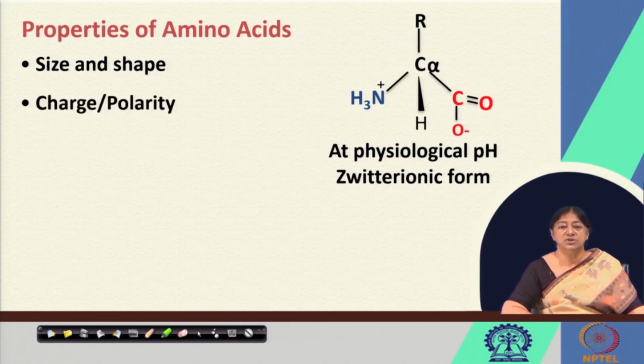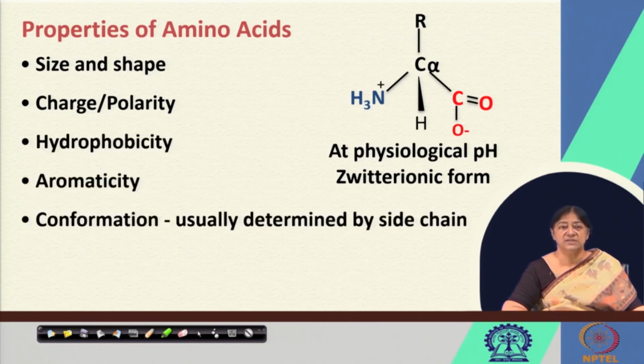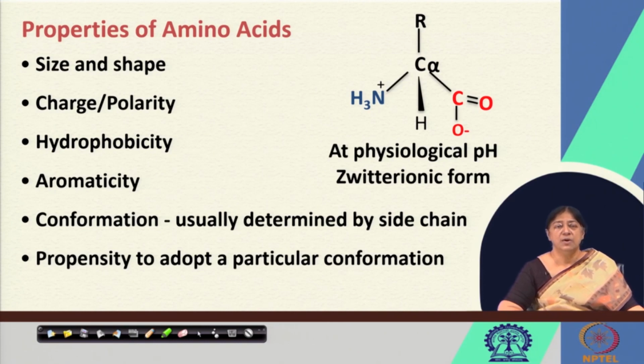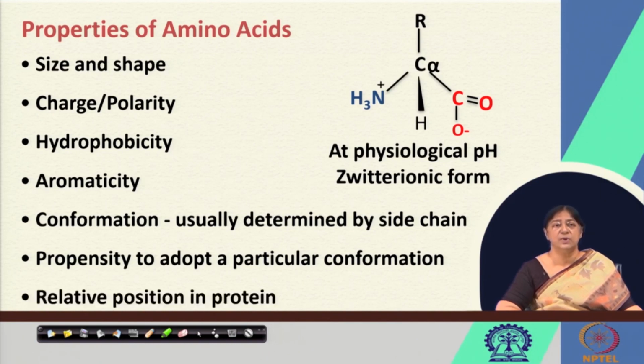We are going to look at the charge, the polarity, the hydrophobicity, the aromaticity, the conformation that is usually determined by the side chain, and the propensity to adopt a particular conformation. As we go on with these different properties, we will see how they affect proteins in general, not only in structural characteristics, but definitely in functional characteristics as well.